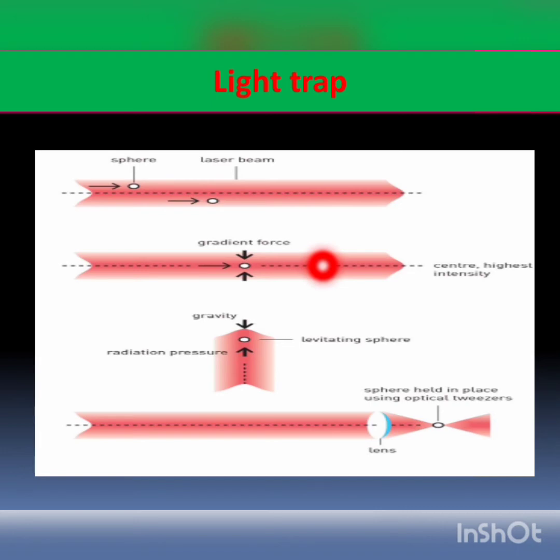Because the intensity of the beam decreases outwards, the sum of the forces pushing the spheres sends them towards its center. Next, Ashkin makes the spheres levitate by pointing the laser beam upwards. The radiation pressure counteracts gravity.